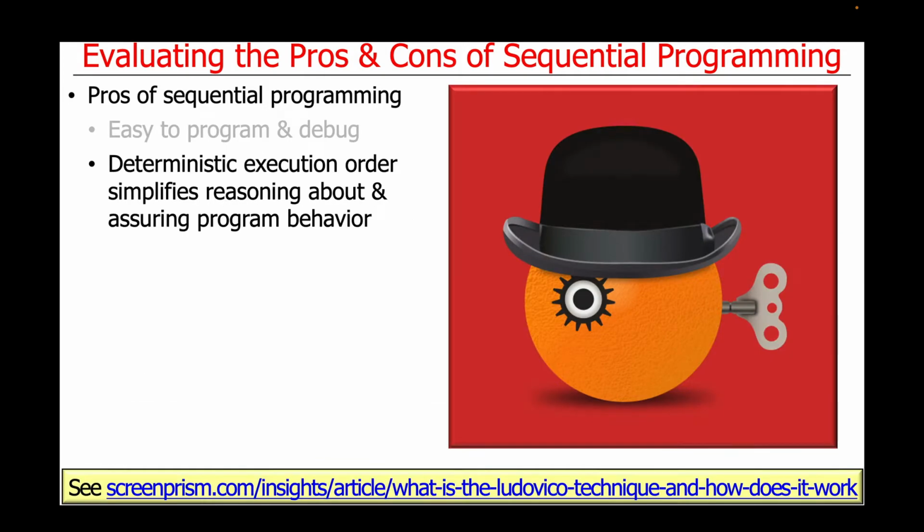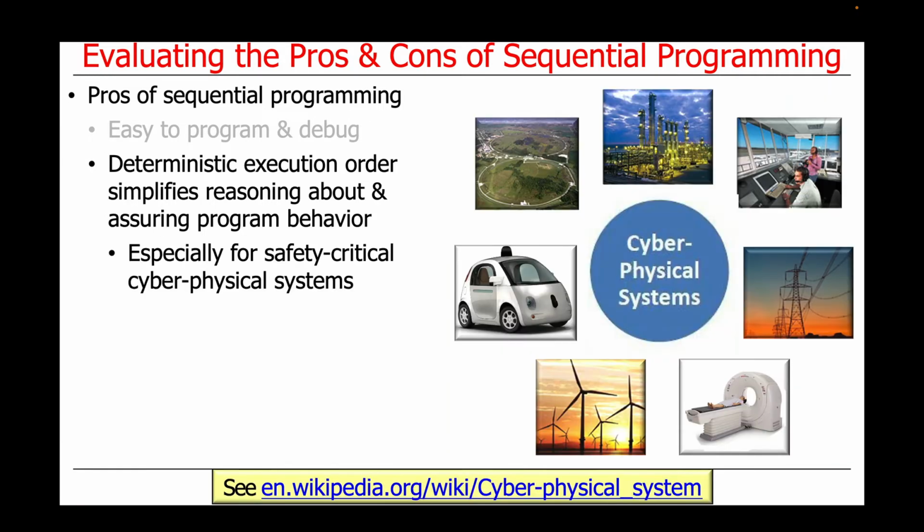Another benefit or pro of sequential programming is deterministic execution order, which helps to simplify reasoning, either our reasoning as developers or students, or static analysis tool reasoning about the behavior of the program, and more importantly, the assuring of the program behavior. And this assurance, making sure things work properly, that they happen in the right order at the right time with the right output and so on, is especially important for safety-critical cyber-physical systems.